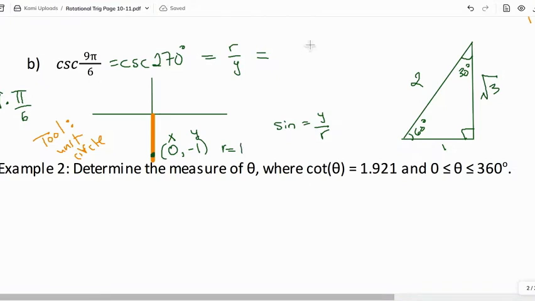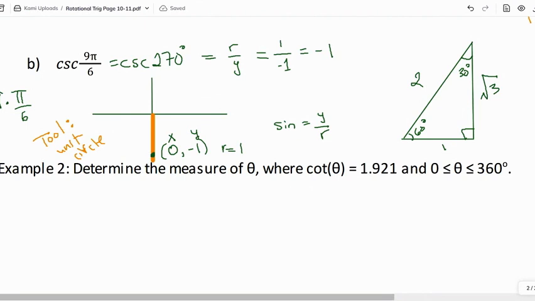In this case, it's 1 over -1, and the answer is -1. That's what cosecant of 270 is. Will you give us sine theta equal to y over r and stuff? Yes, I will. The question was, will I give you the formulas that sine theta is y over r, cos is x over r? Yes, I will.